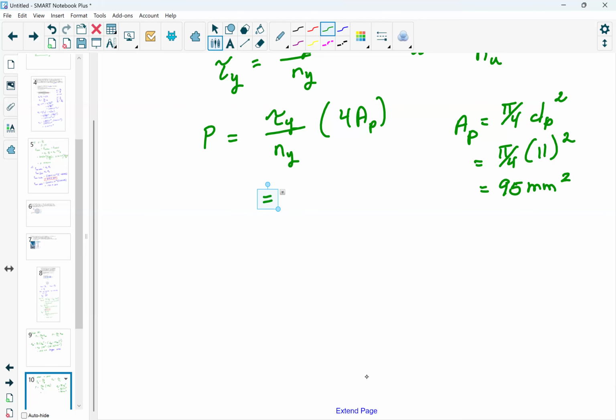All right. So our tau for this was given to us, tau y, oh, that's the 80. All right, 80 then over 3.5, right, times 4 times that 95 number.